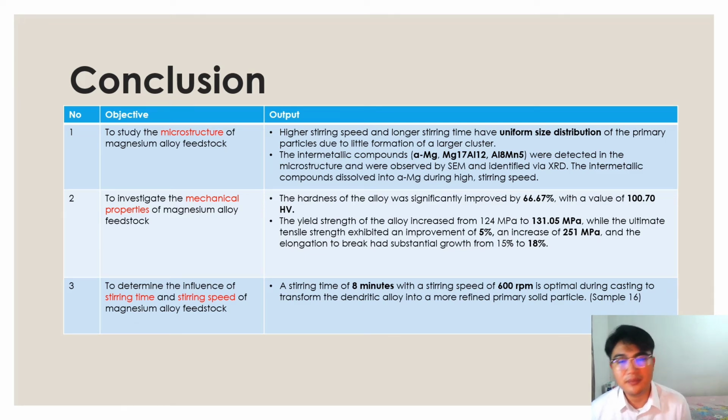And lastly, to determine the influence of stirring time and stirring speed on magnesium alloy feedstock, a stirring time of 8 minutes and stirring speed of 600 rpm is optimal during casting to transform the dendritic alloy into a more refined solid particle, which is from sample 16 or run number 16.